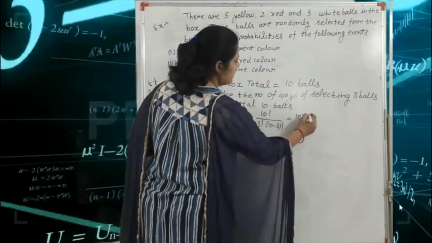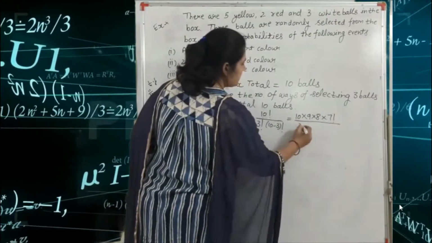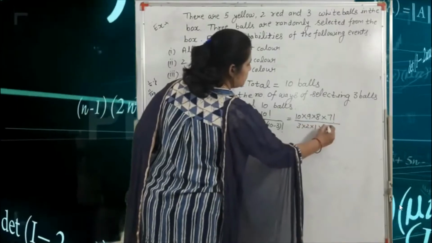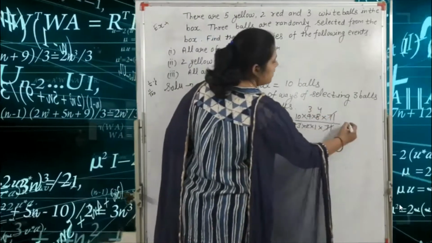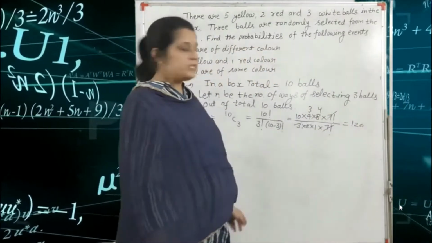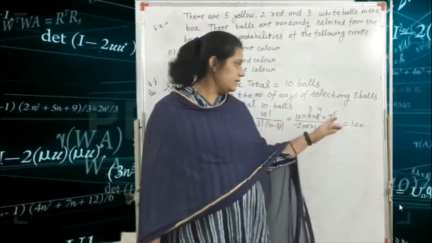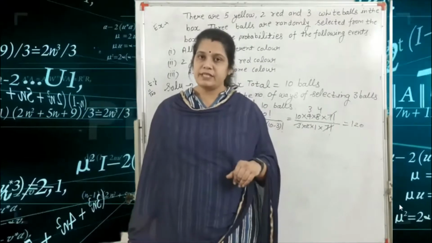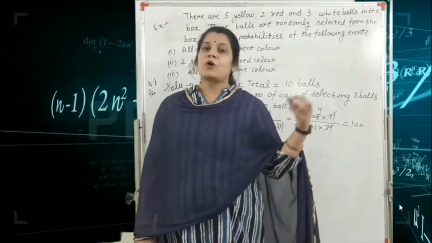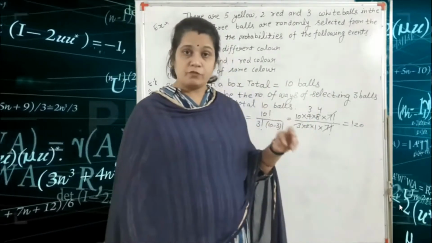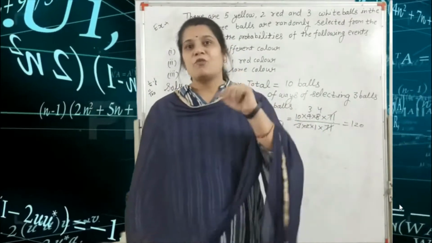So open this: 10, 9, 8 into factorial 7 divided by 3 into 2 into 1 and into factorial 7. So this cancels. 3 3s are 9, 2 4s are 8, 1 is 20... that means the total possible outcomes, the total exhaustive events, is equal to 120. So the number of ways of selecting 3 balls from total 10 balls is 10C3, that means 120.